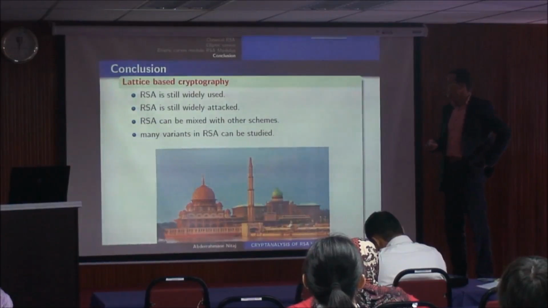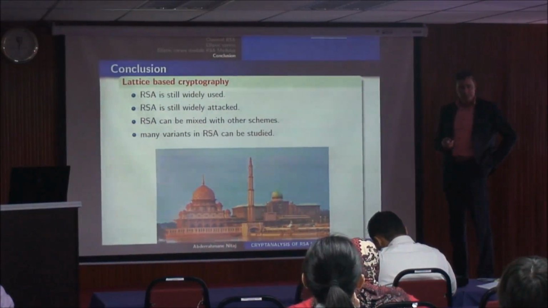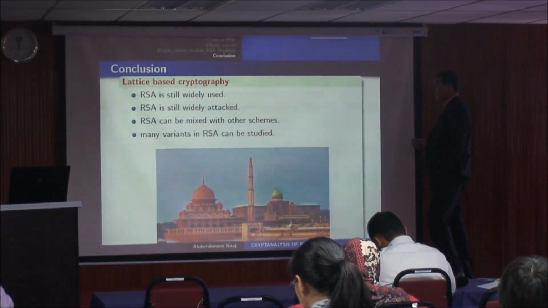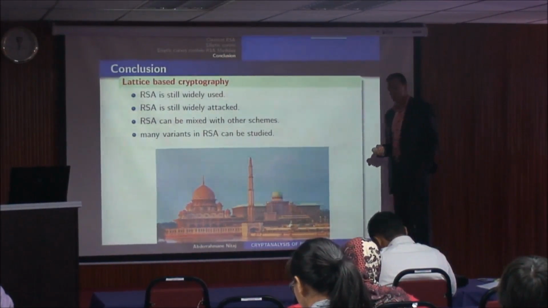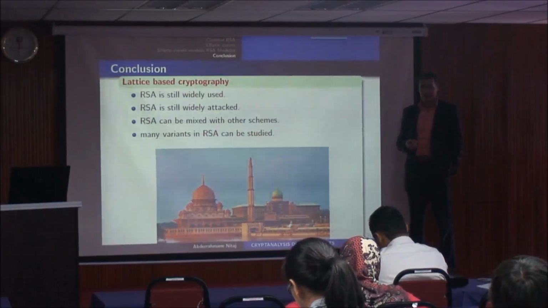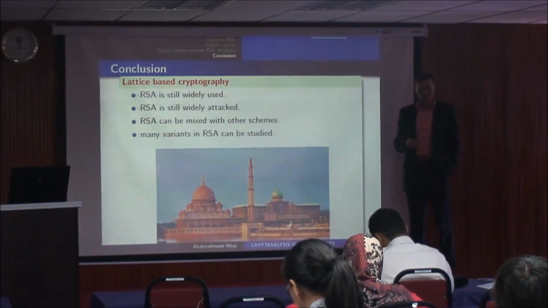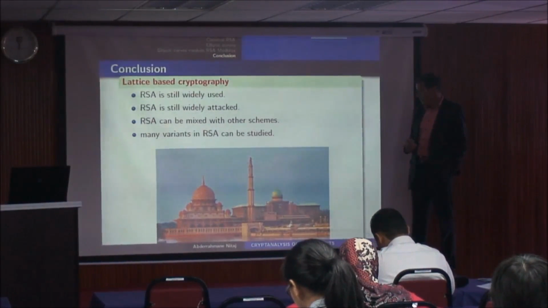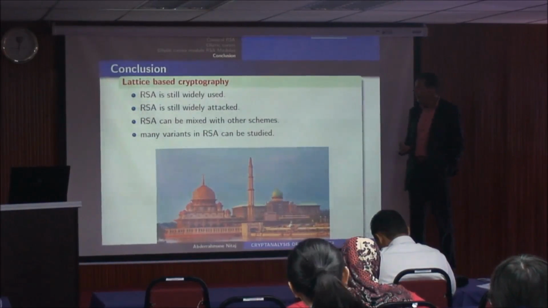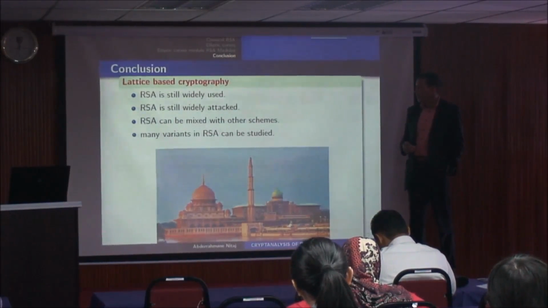RSA is still widely used and widely adapted, and RSA can be mixed with other schemes, mainly with curves. We know that elliptic curves are used mainly in cryptography, and maybe they will replace RSA in the future.